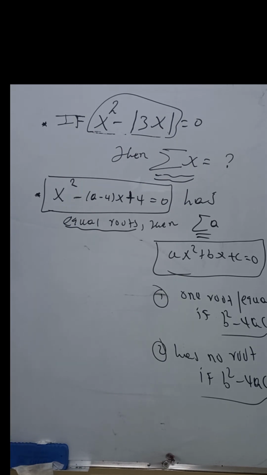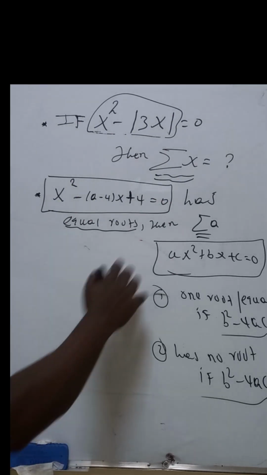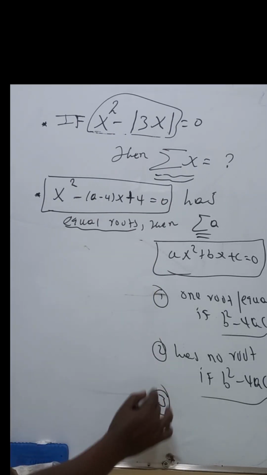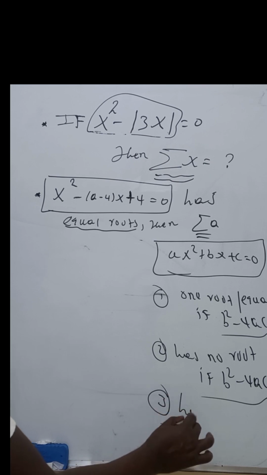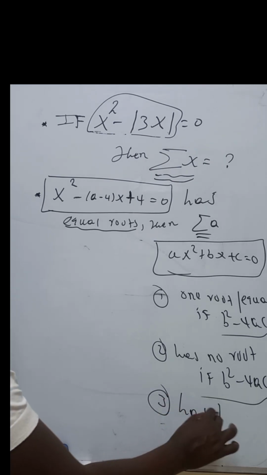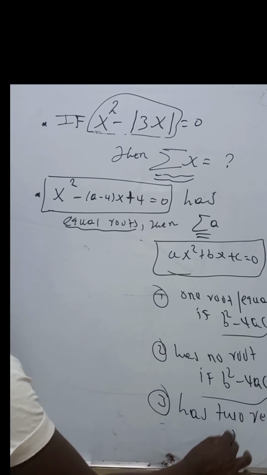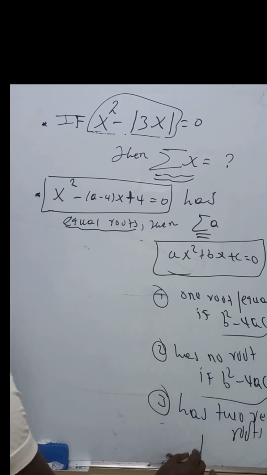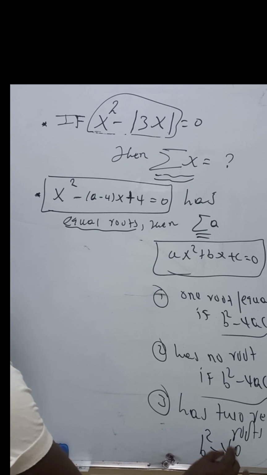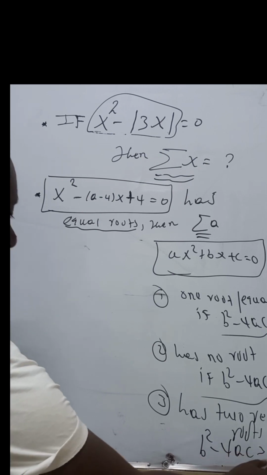That means it's impossible to find a real value that can satisfy the given equation. And the last case is that it has two real roots. This will have two real roots if and only if b squared minus 4ac is greater than 0.